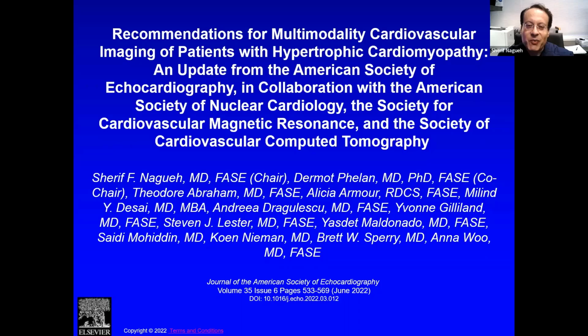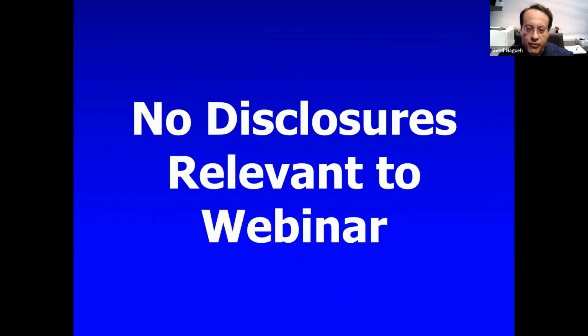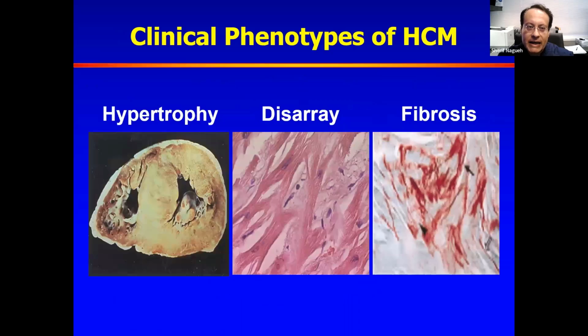My colleagues and I worked on this document, and it is my distinct pleasure and honor to present on their behalf today this webinar. I don't have any disclosures relevant to the webinar.